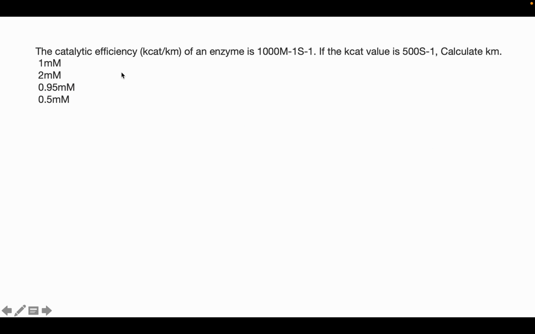The catalytic efficiency kcat by Km of an enzyme is 1000 molarity inverse second inverse. If the kcat value is 500 second inverse, calculate Km. So very simple. So kcat by Km is the catalytic efficiency. They have already given us, it is 1000, and they have already given us kcat also.